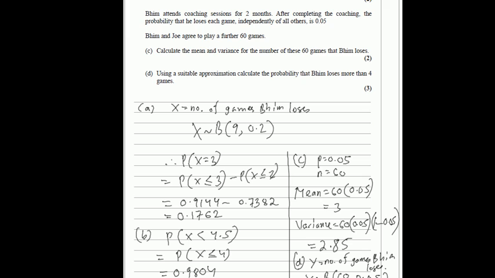Lambda is 3, so using Poisson approximation, we can write Y approximately Poisson, lambda is 3. Now we have to find the probability that Bhim loses more than 4. Let me write over here.